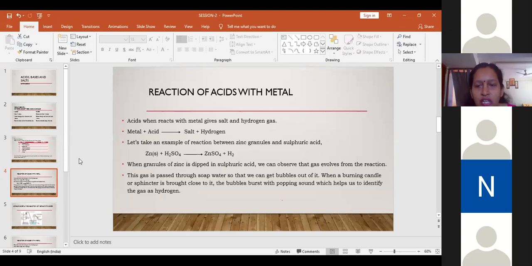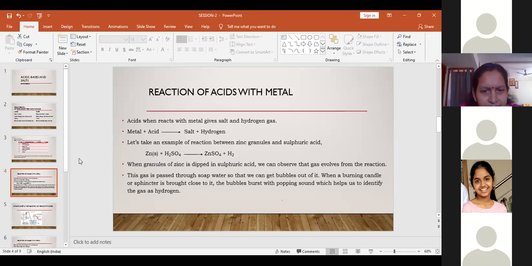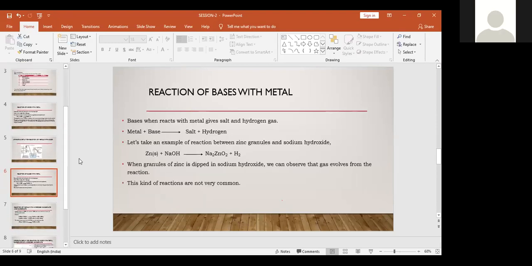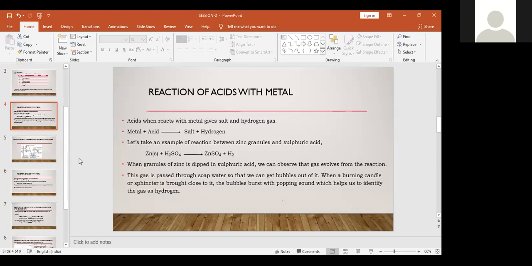Ma'am, I have a doubt. Yes, Karun, please. Can you say why reactions of metals with bases are not very common? It is because if you see the reaction of metals with acid, it is a displacement reaction, and hydrogen is getting displaced, which is liberated in the form of gas.